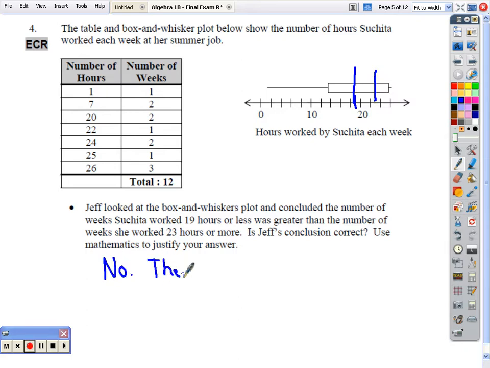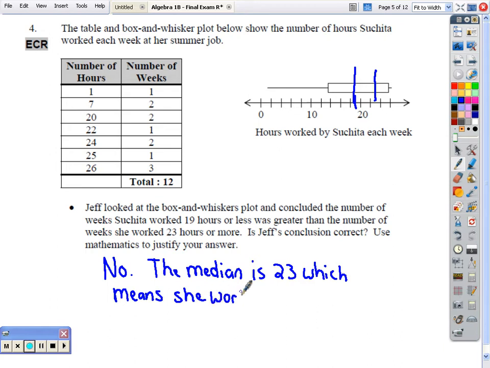The median is 23, which means she worked 23 hours or more half the time.